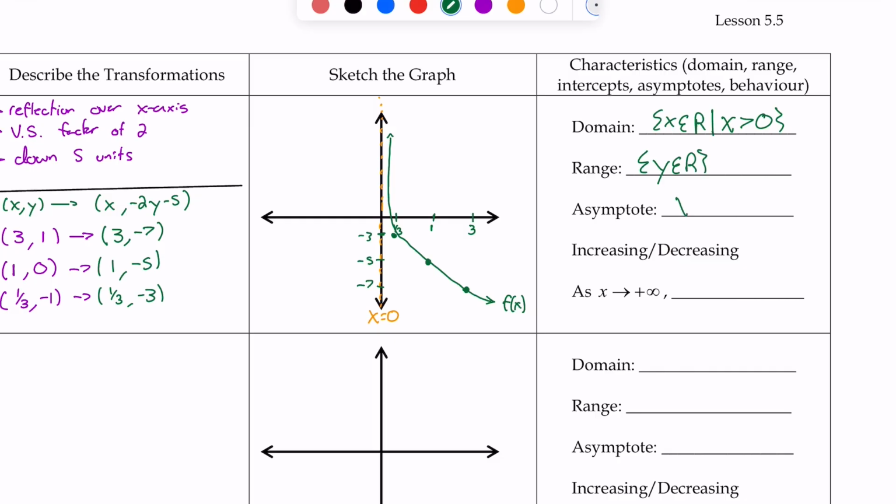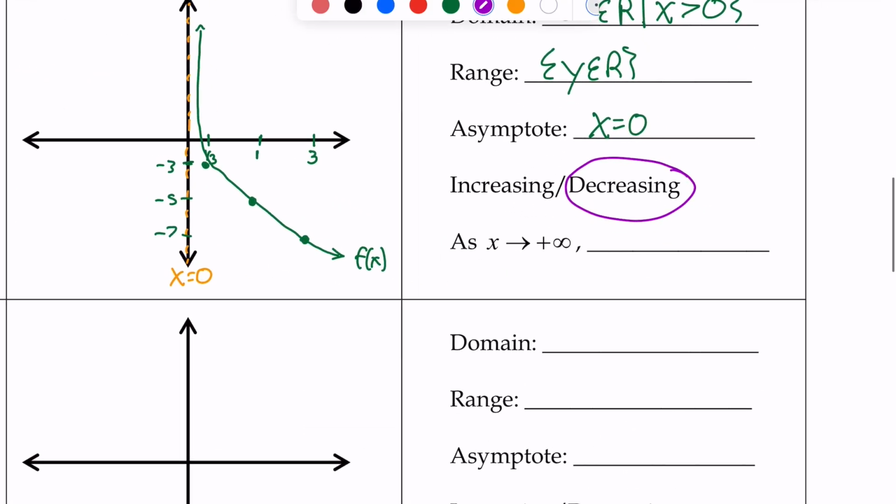The asymptote, as we've said, is x is 0. This function is increasing or decreasing? Well, if I read left to right, I can see that I am going down forever. So this function is decreasing. And because it's decreasing, that means y's are going to negative infinity as you go to the right.